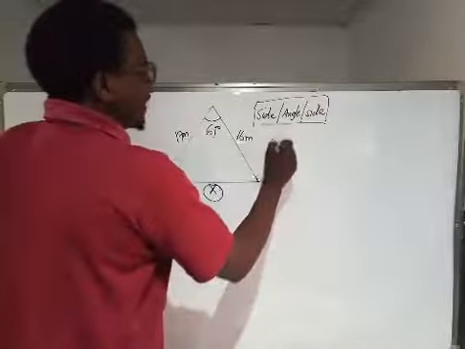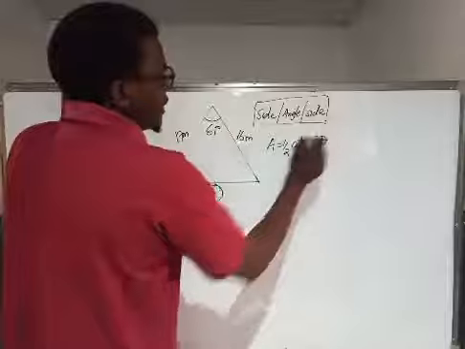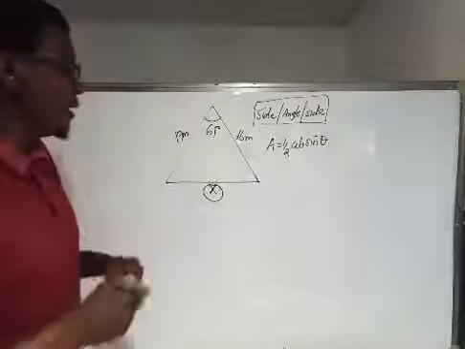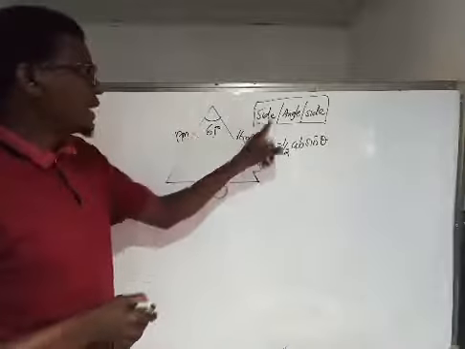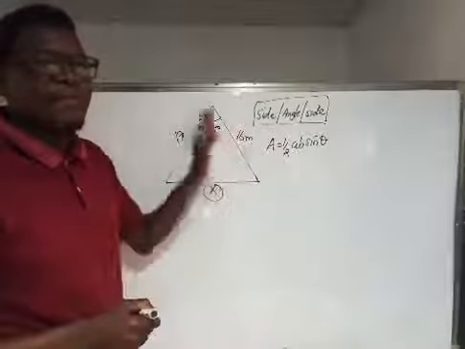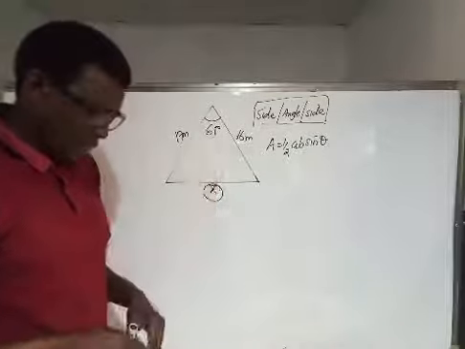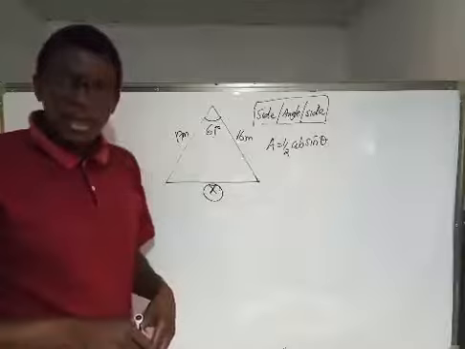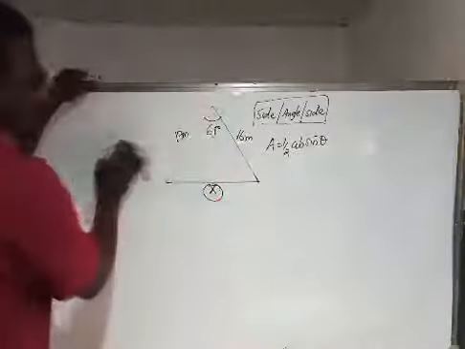The formula for area is simply half side A, side B, sine theta. So the same type of triangle, side, angle, side, can help us find the area of a triangle. Now today, my interest is not on this.